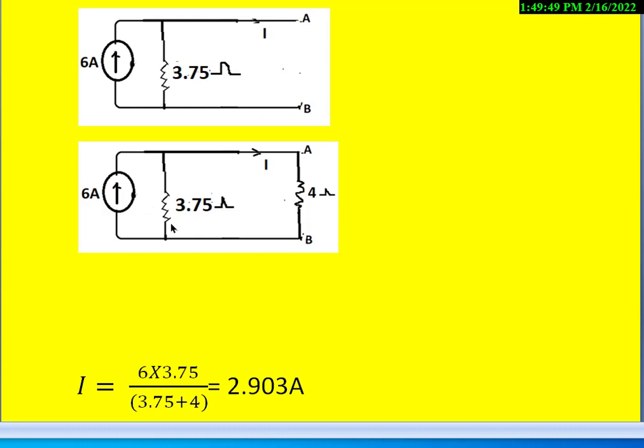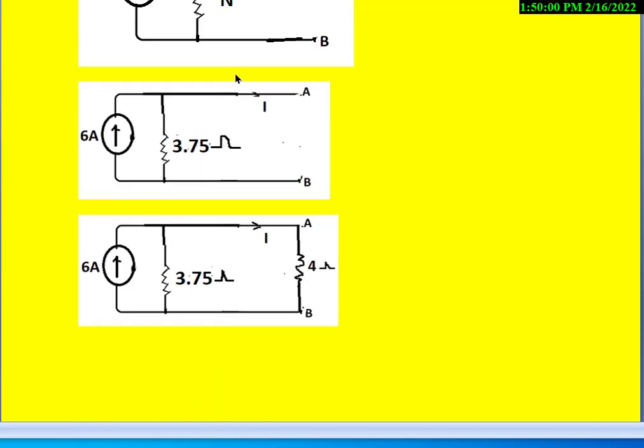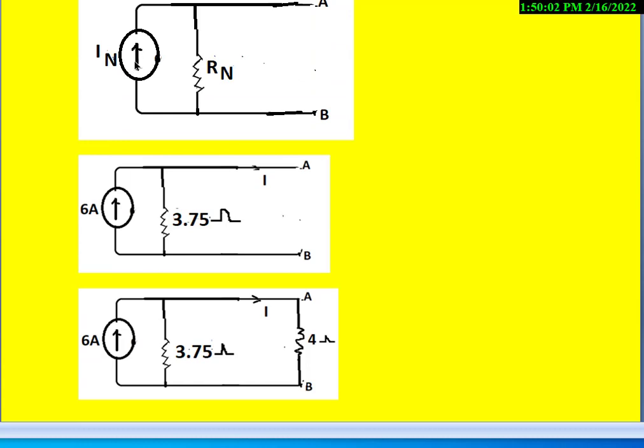So then, having known the Norton's current and also the Norton's resistance, we can draw the circuit like this. Current source in parallel with the resistance. This resistance is called the Norton's equivalent resistance. This is also called Thevenin's equivalent resistance, whereas IN is the Norton's equivalent current.